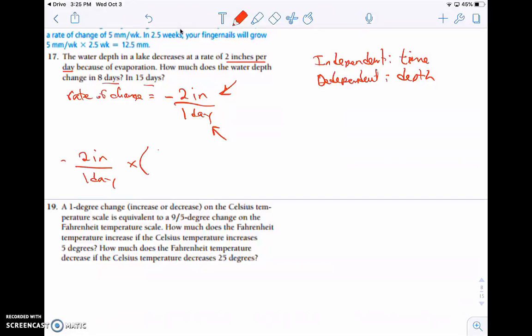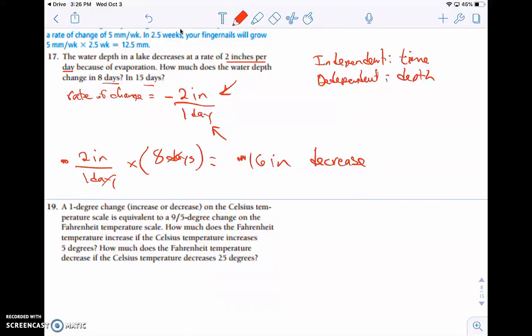We're going to times it by change in time, which is 8 days. And notice that the days will cancel out in your units there. And this will be negative 16 inches. Or what you're going to put in your book for your answers, this is how the book does it, it says a 16-inch decrease.